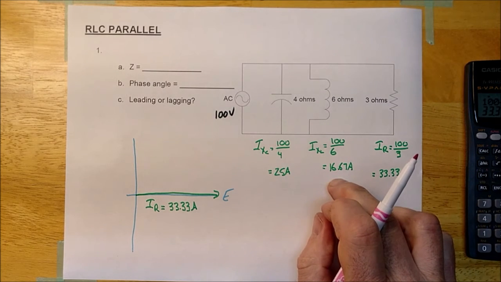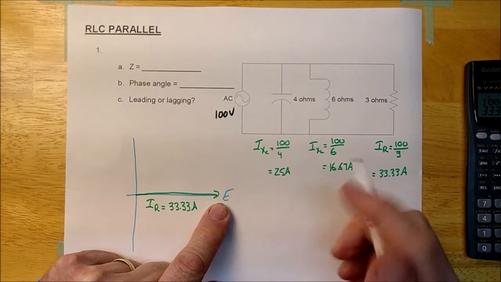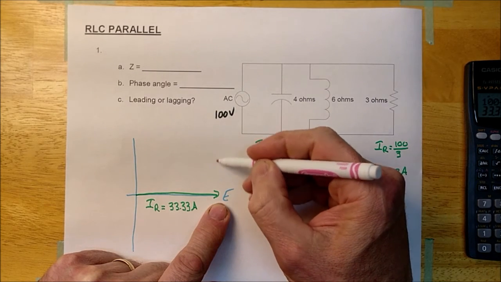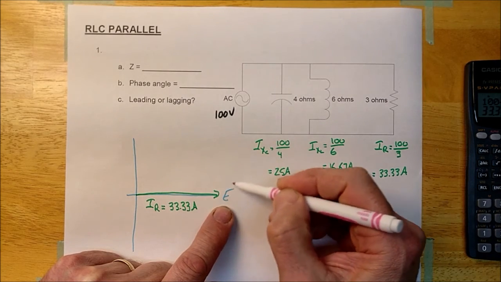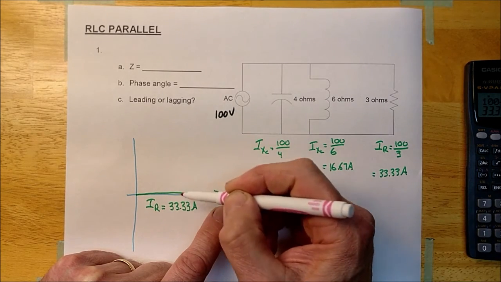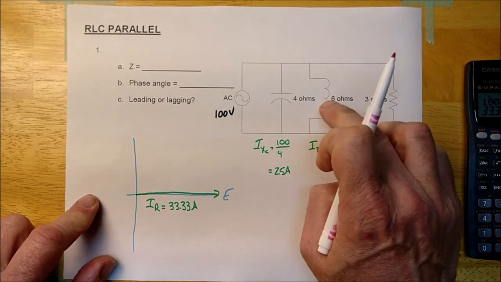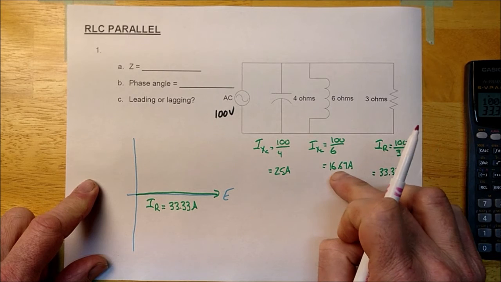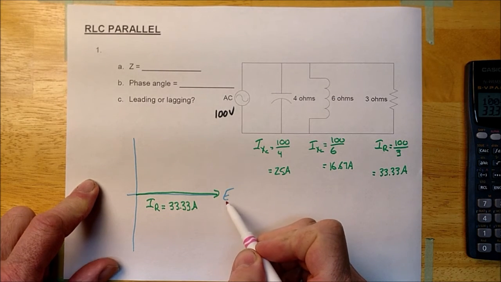All right. Next up, it doesn't matter which one you draw next. Let's just go with IXL. Now here's the weird thing. When we were drawing series circuits, guys, we were drawing XL up. That's because XL was here and this was current, and I had to draw it so that the current was lagging. Now I'm actually drawing the current. This is an inductor, so that current, that 16.67, needs to be drawn lagging the voltage by 90.